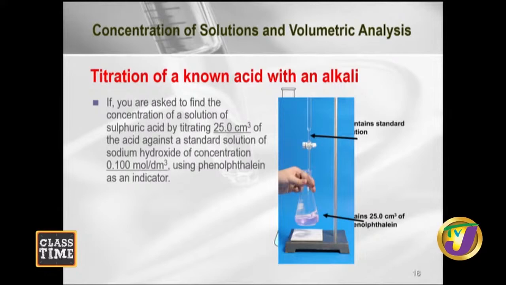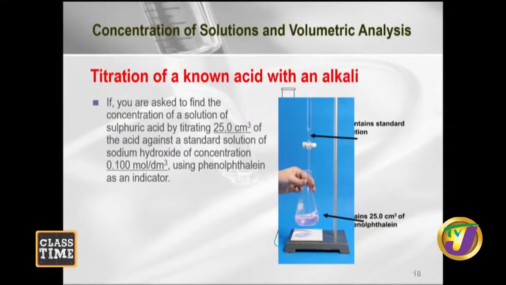So if you are asked to find the concentration of a solution of sulfuric acid by titrating 25 cm³ of the acid against a standard solution of sodium hydroxide, using phenolphthalein indicator, this is what it would look like. Here, you're seeing 0.1 mol/dm³ of sodium hydroxide. That is your standard.